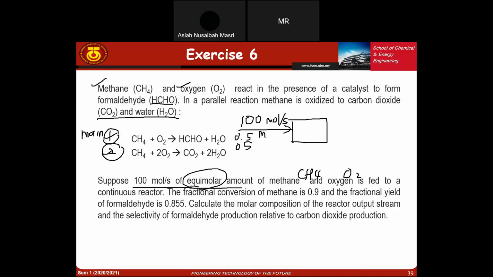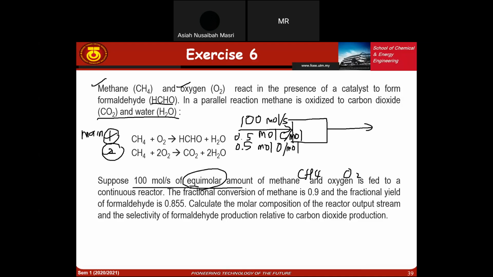mole CH4 per mole. We also have 0.5 mole oxygen per mole. Okay, that will be our inlet. And then we will have our outlet. So what will be our outlet?